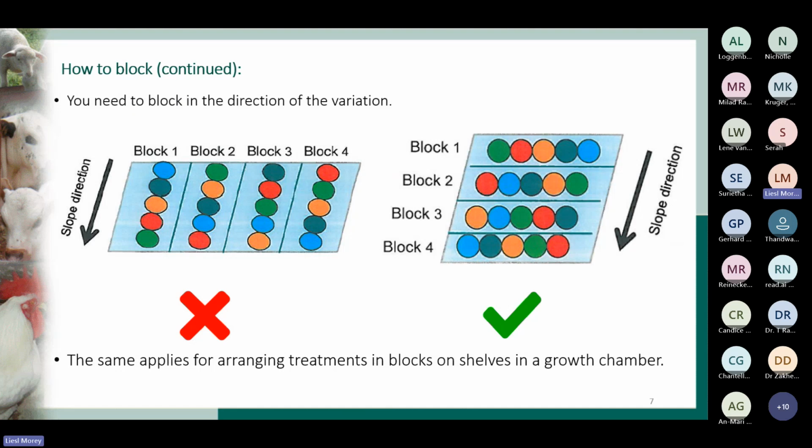So if you do a trial where there is a gradient, like a slope, then if the direction of the slope is downwards, you would not lay out your blocks like this. You must lay your blocks out with the slope direction so that you have a block at the top of the slope and your last block at the bottom of the slope.